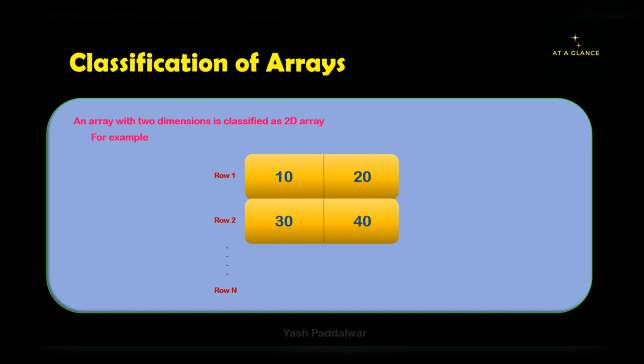The vertical ones are termed as columns and the horizontal ones are termed as rows. So you can see we have 10, 30 as column 1, 20, 40 as column 2, and similarly we have 10, 20 and 30, 40 as rows.